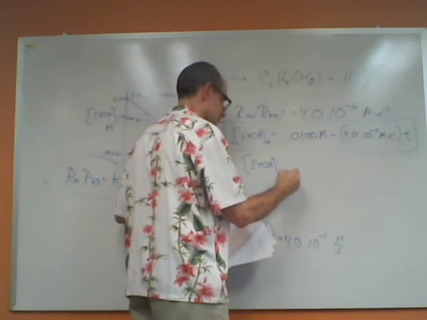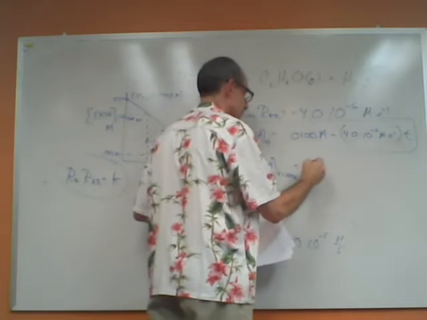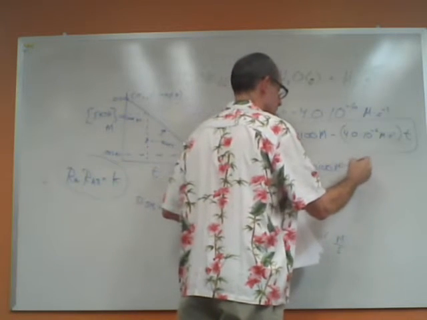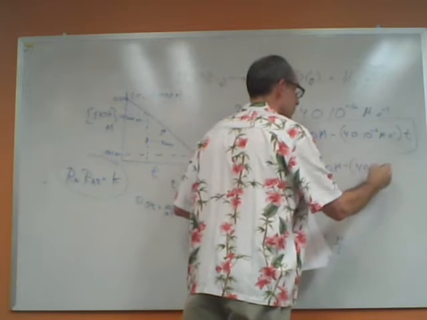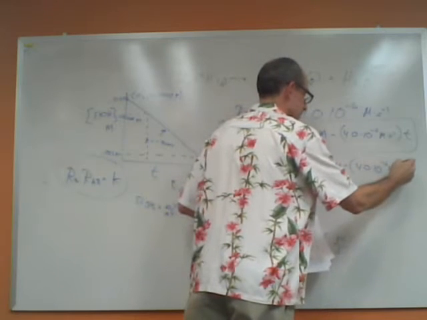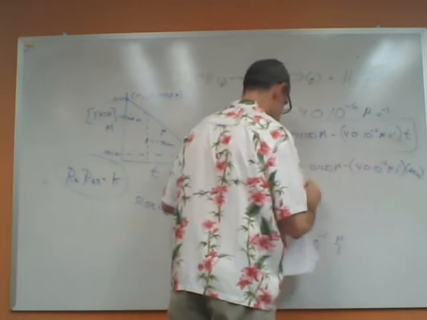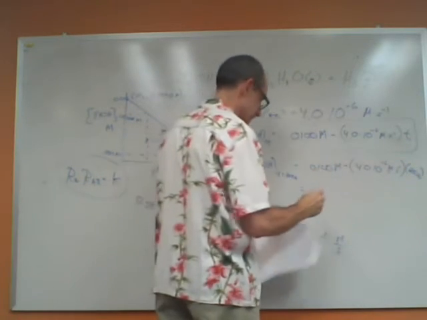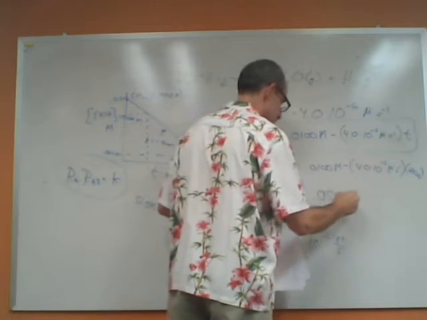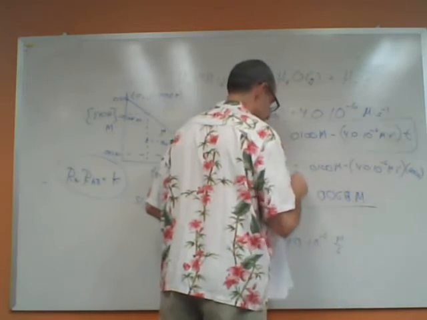At t equals 800 seconds, it would be 0.01 molar minus 4 times 10 to the negative 6 molar per second times 800 seconds. And if you do the arithmetic, you again get 0.0068 molar.